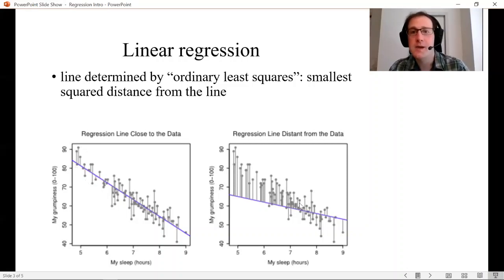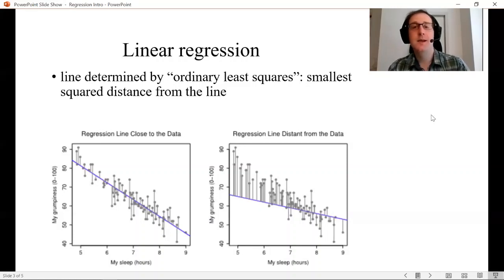The one on the right is not as good of a fit for the data because there's a lot of points that are really far away. If you took the sum of squares for how far each of those data points is from that line, you would see that it's generally pretty far off. So this slope is basically getting as close to all of the data as you possibly can.